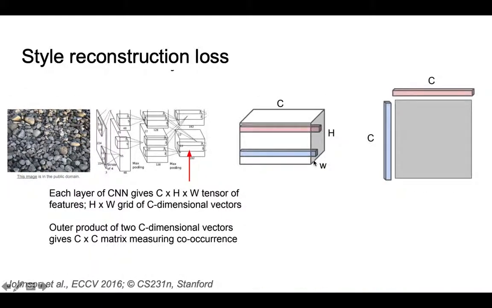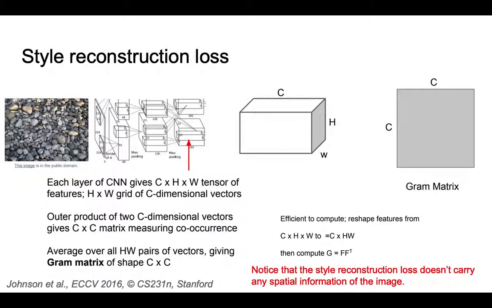You take every pair of channels, and you stack the H and W into one vector, so C times H times W becomes C by H-times-W, and then you calculate the Gram matrix of this whole thing, F times F transpose.